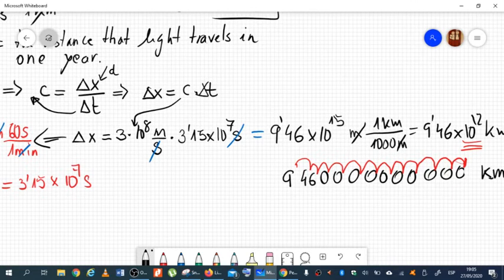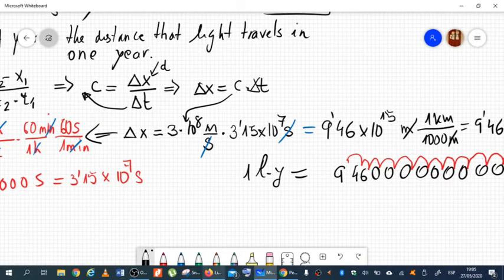So one light year is equal to all these kilometers, 9.46 millions of millions of kilometers in 1 year.